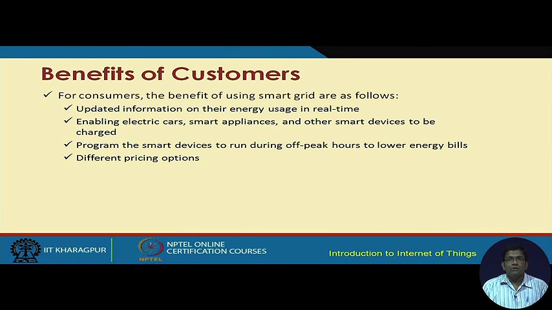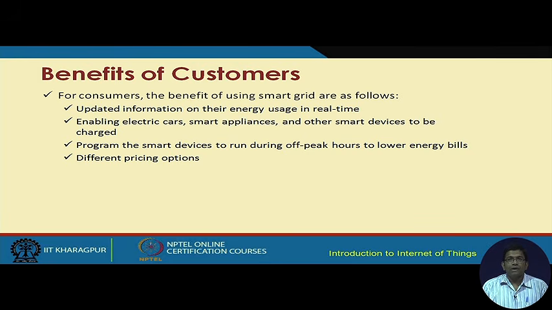It is possible to program the smart devices to run during the off peak hours to lower energy bills. At certain times of the day there is a peak, it becomes a peak hour. Peak hour means that during that time everybody is trying to have different appliances connected and consume electricity much more than at other times of the day.